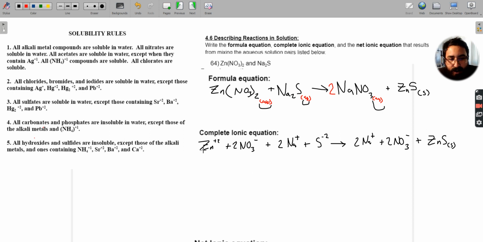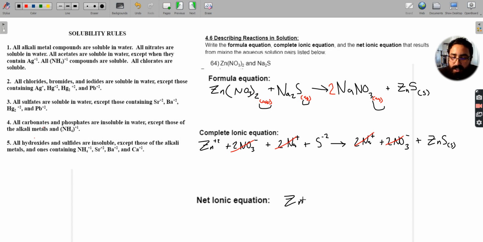Okay, so let's check this out. So the zinc on the left doesn't cancel because it looks different on the left than it does on the right. Something changed. NO3s, it's the same. The NAs, it's the same. The S is different. So that right there is going to help us narrow down our net ionic equation.